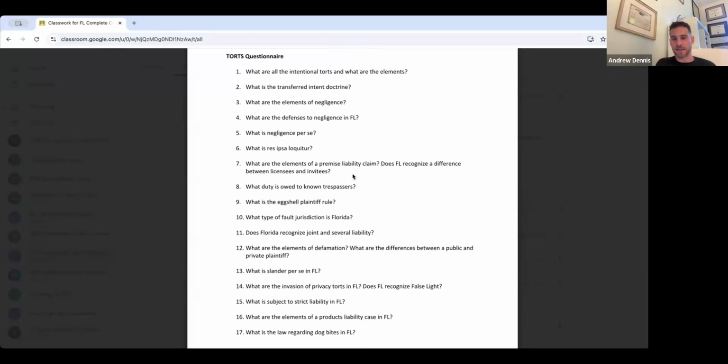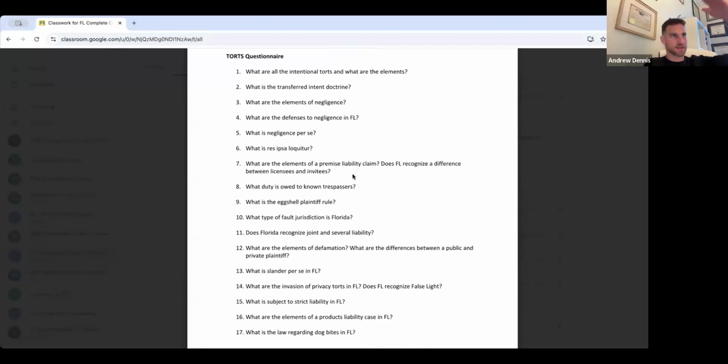Premise liability. So premise liability is pretty heavily tested. Premise liability comes down to duty, breach, causation, damages. And you have to determine what duty was owed, and what duty is owed depends on the status of the person who was injured. Were they an invitee, licensee, known trespasser, unknown trespasser?